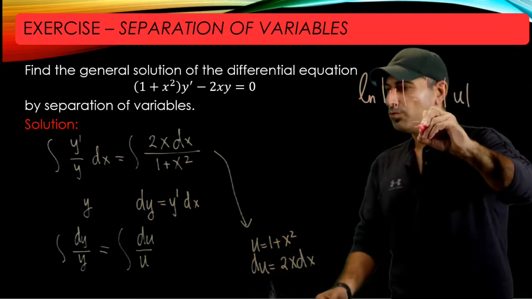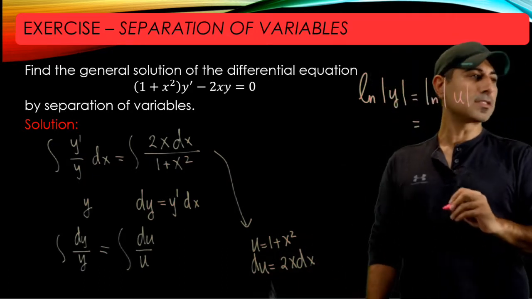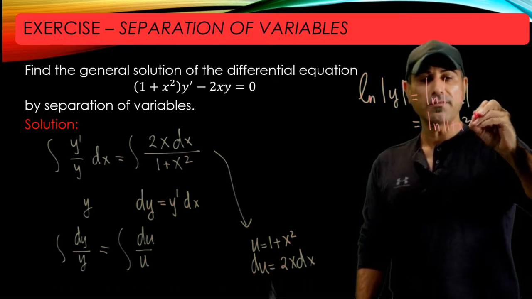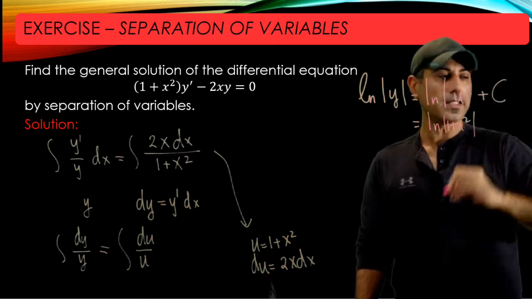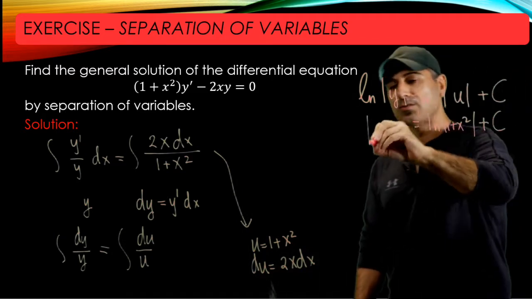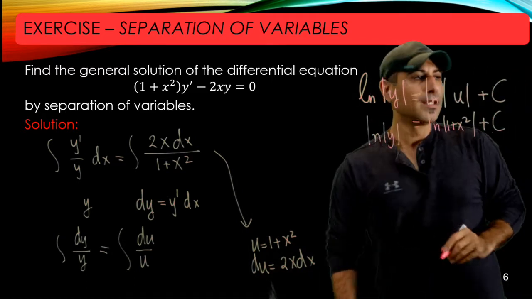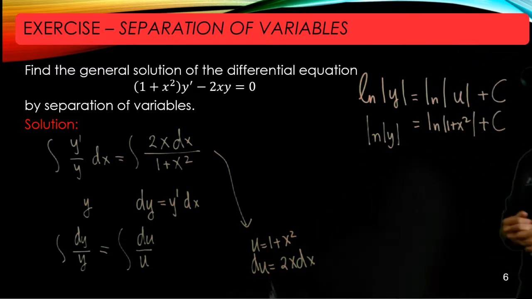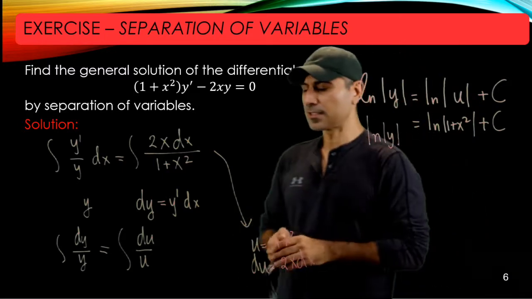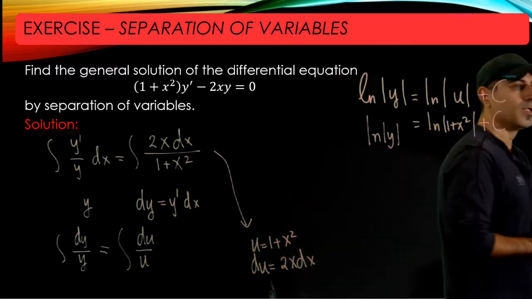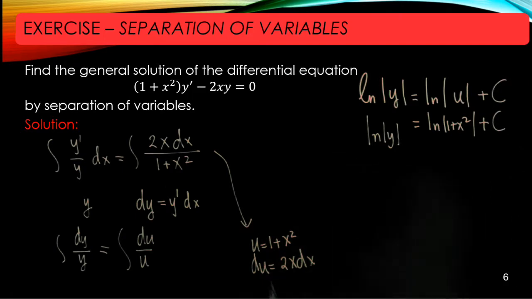But u was originally 1 plus x squared, so we can go back to the main variable, and we do not forget to put an integration constant here, because we integrate both sides. In fact, you can put an integration constant on both sides, but it's not necessary because the difference of those constants is still arbitrary, so we can just call it c.